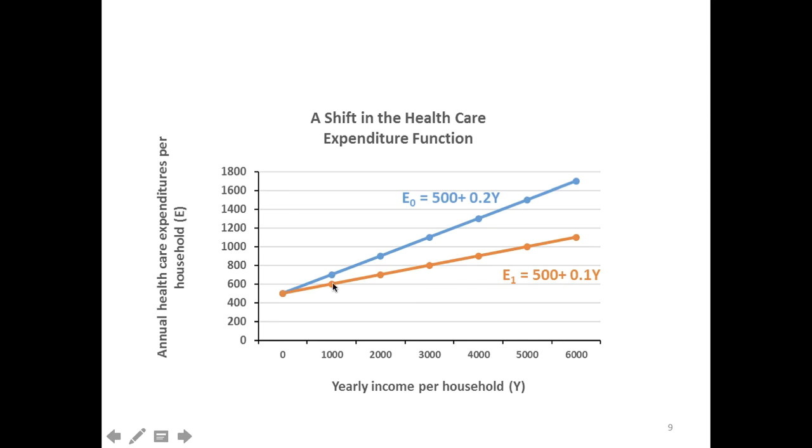So that's the point you have. And then if you add $2,000 multiplied by 0.1, then with this slope you get 200 plus 500, which is going to be 700. So with this version, you're going to get 700 on the vertical axis, and so on.